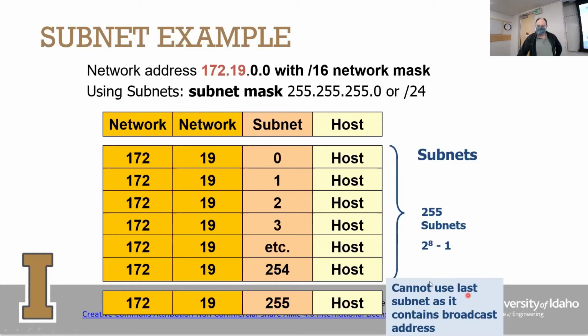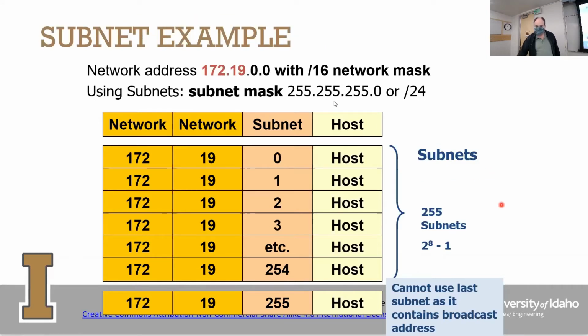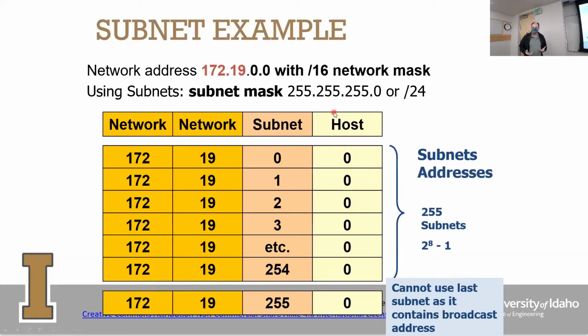I can't use the last subnet because it contains the broadcast address, which goes to everybody in my network. So I get subnets 0 through 254, and then each of them has a host number that's possible. So if I do the mask, forget the host part, that gets zeroed out, and these are my actual subnet addresses.